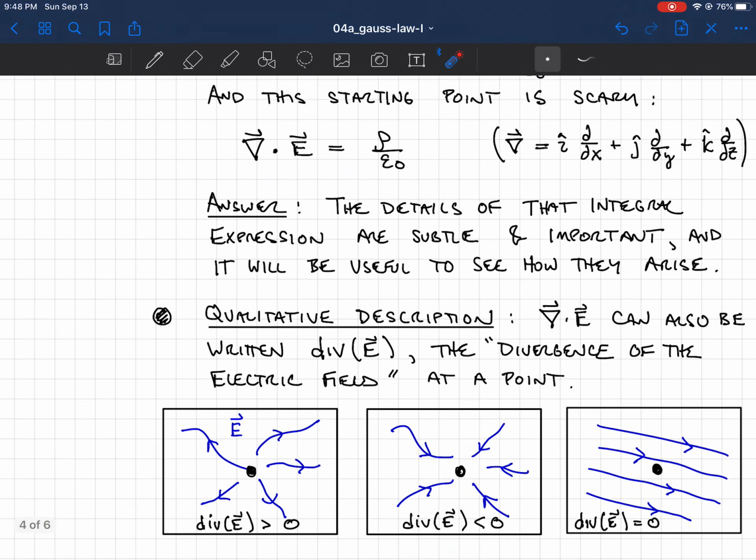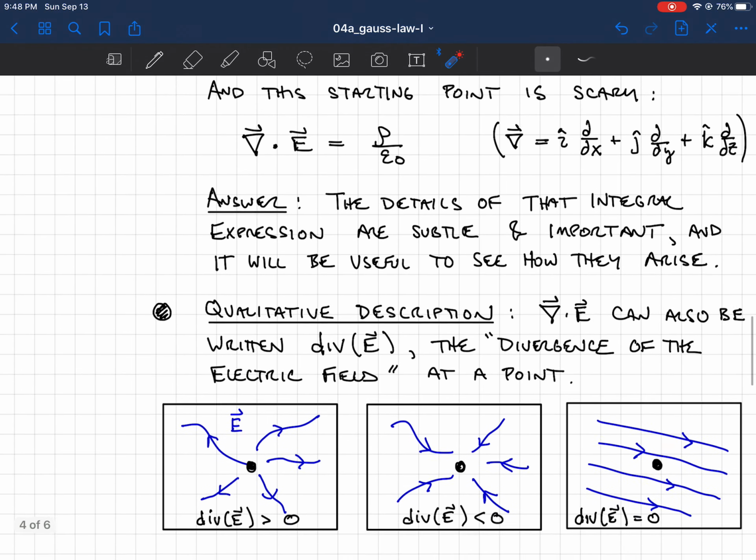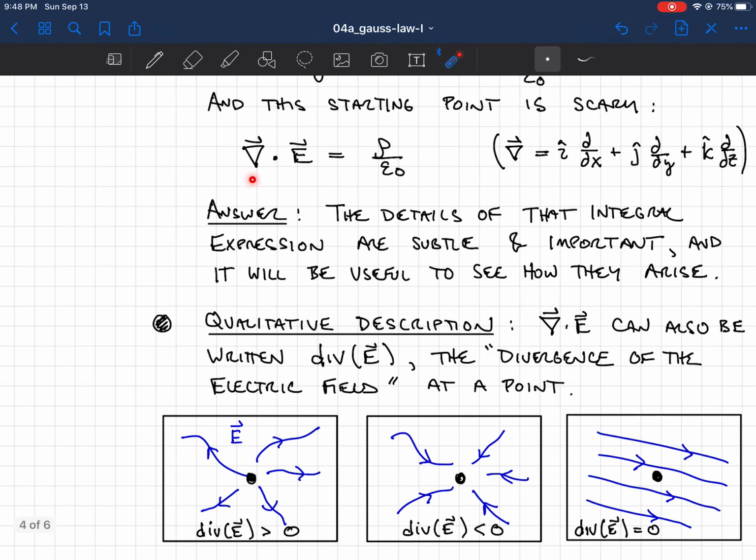And Gauss's law, if we go back and look at it, tells us something about this. If the left-hand side is greater than 0, well, this is a constant, so all that can mean is that the charge density at that point is greater than 0. So if you have some positive charge, you'll get electric field lines diverging away. Similarly, if the divergence of E is negative, then the charge density must be negative at that point.